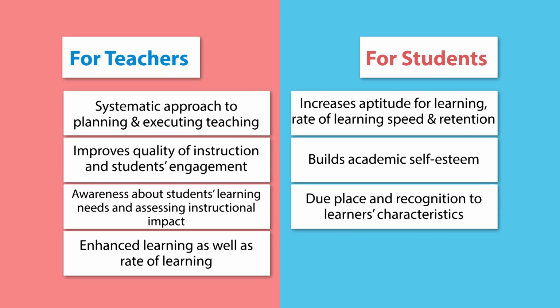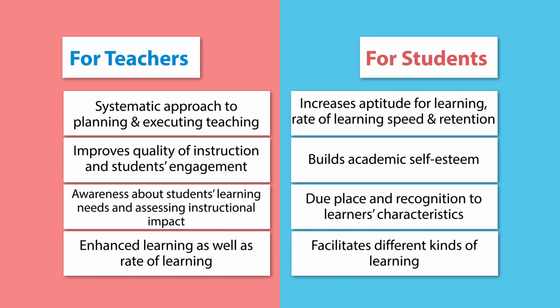And the teaching model, if it is effective, gives due place and recognition to learners' characteristics. That means the students' psychological characteristics, their social characteristics, or their intellectual characteristics are given a due recognition, a due identification in a good teaching model.